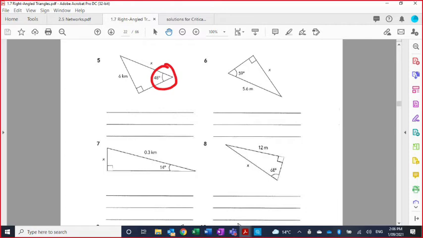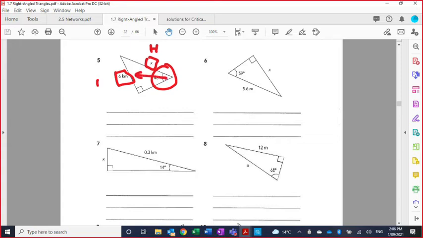And notice that we have an x and we have a 6. I know nothing about this bottom side, so I don't care about it. You could label it if you want to, just to keep yourself sane. The x is on the longest side, so that's an h.